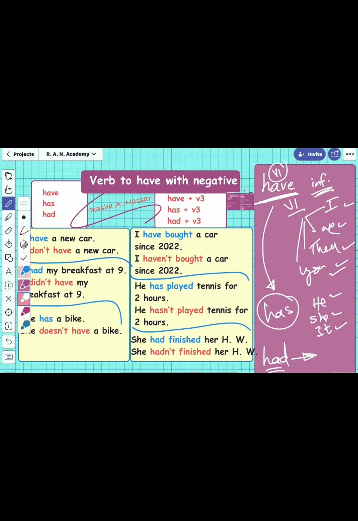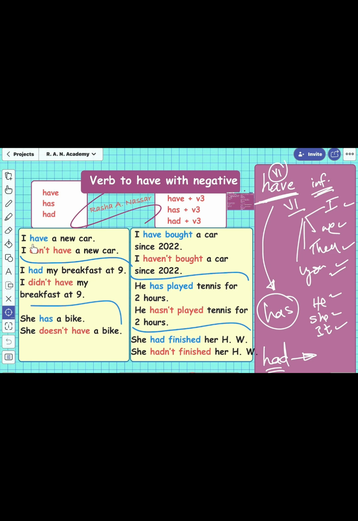Okay, so let's see if I have the verb to have in a sentence alone without anything. If I have the verb to have as a main verb, it means that I don't have any other verbs, right?